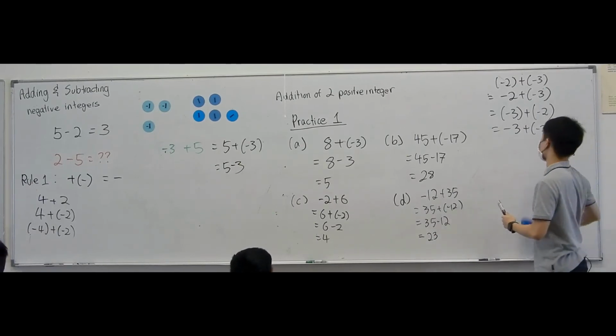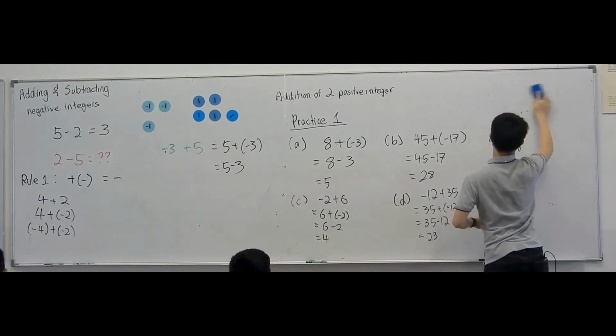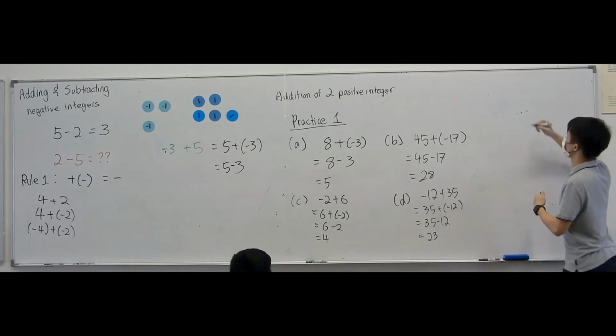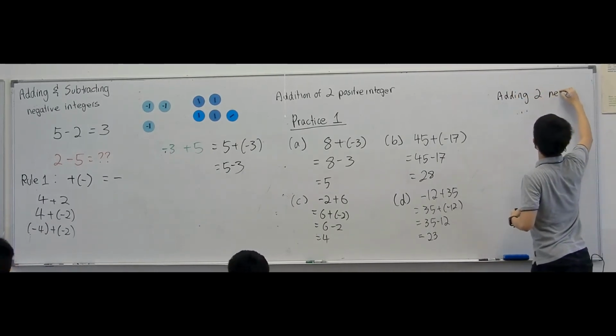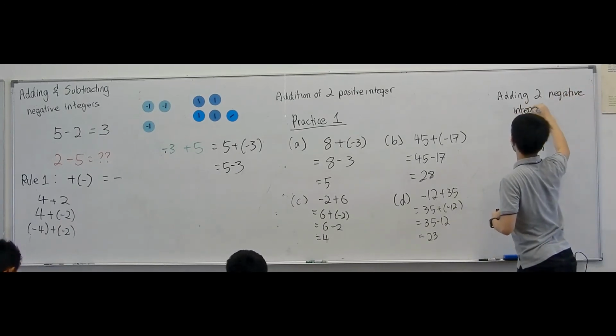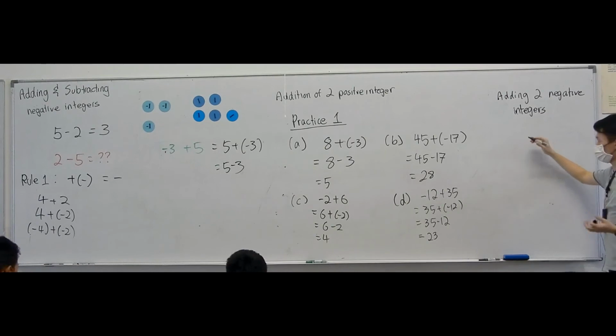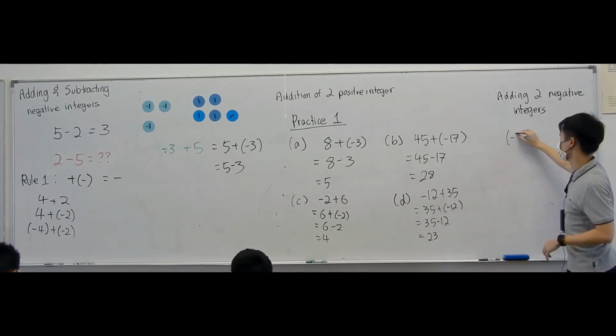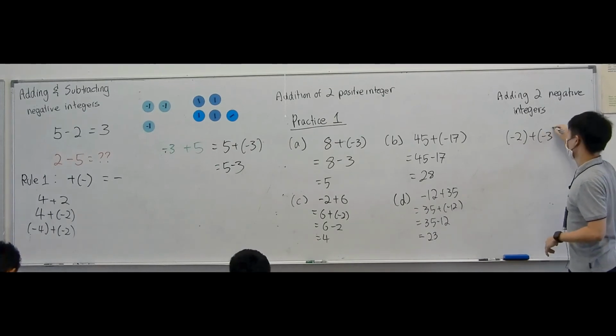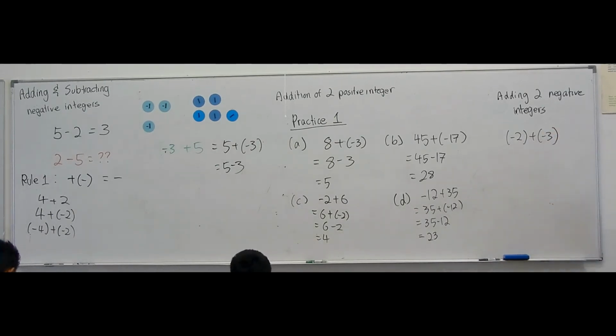Now when it comes to workings, let me erase this part. This is very simple. So you have -2 plus -3, right? Do you realize that just now we had 5 of them?